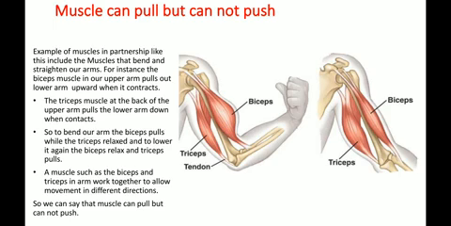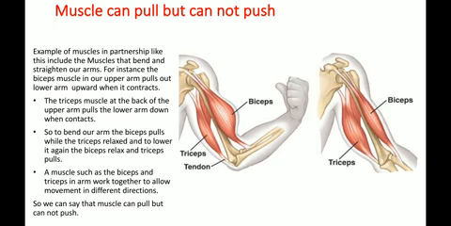Examples of muscles in partnership include the muscles that bend and straighten our arms. For instance, the biceps muscle in our upper arm pulls our lower arm upward when it contracts. The triceps muscle at the back of the upper arm pulls the lower arm down when it contracts. So to bend our arm, the biceps pull while the triceps relax, and to lower it again, the biceps relax and the triceps pull.